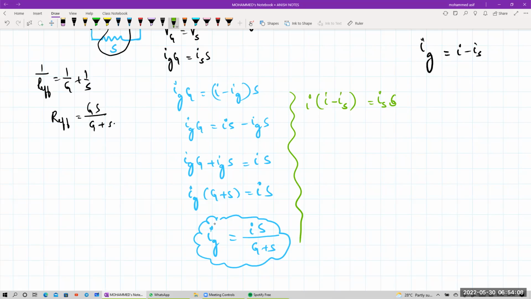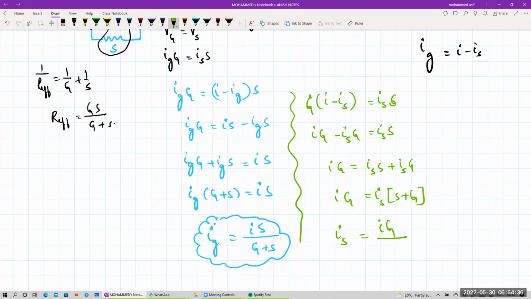Sorry, this is G. So it is I into G minus Is into G is equal to Is into S. All Is terms you take on one side: Is into S plus Is into G, that means Is into S plus G is equal to I into G. That means current through the shunt will be equal to I into capital G divided by G plus S.